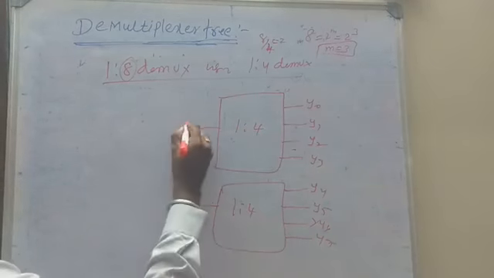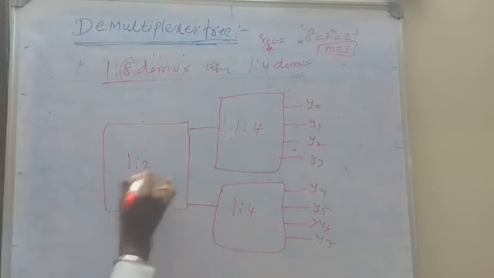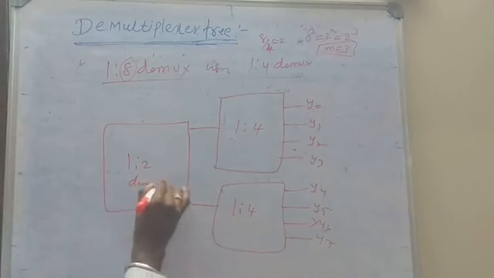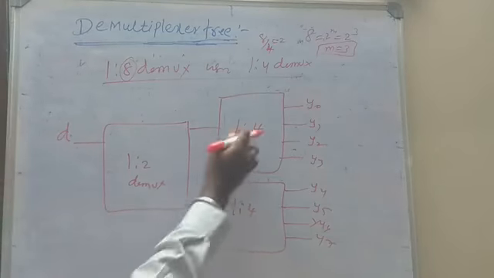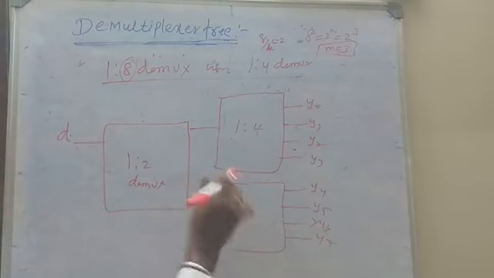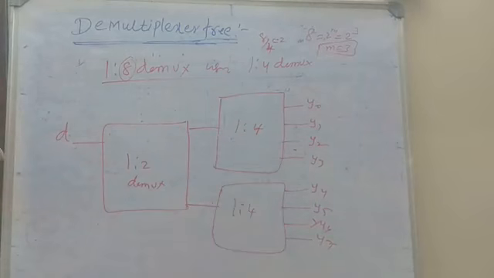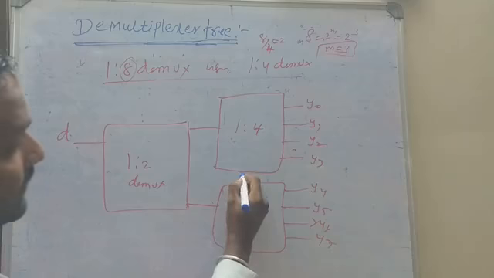For this you have to put another 1:2 demux. So 1:2 demux. Okay, here you will get one input, D is one input and two outputs. Automatically it is connected to 1:4 demuxes, right? So for this, how many selection lines are required? For 1:4, 2 selection lines are required. So what are the selection lines here?